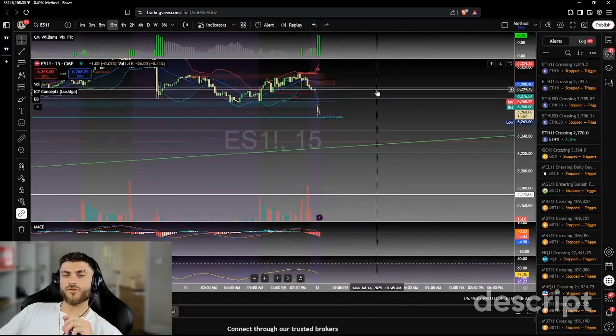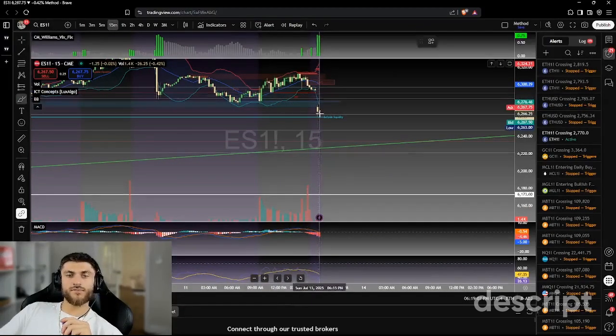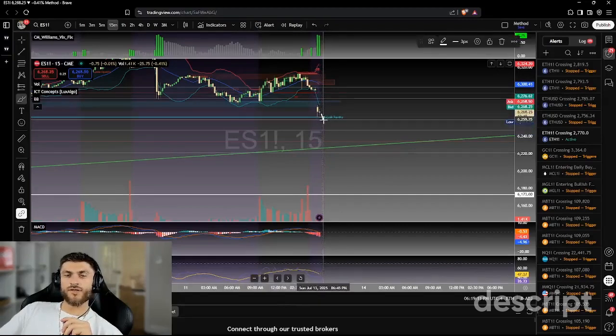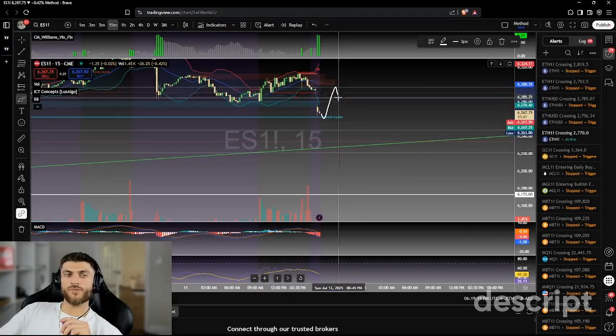I want to see something like this. I would want to see this dip down into the sell side liquidity, fill this gap, get rejected probably somewhere around the fair value gap, and maybe not make it all the way up there, but it's possible.